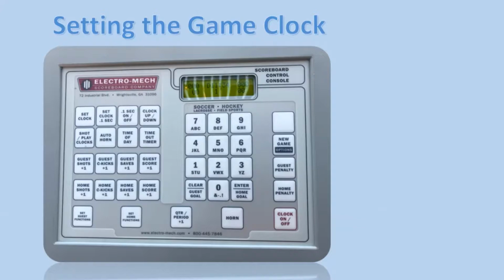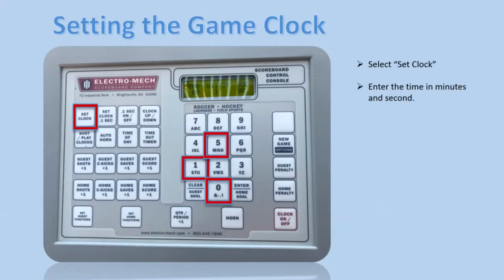Our 15U division has 8-minute periods. So obviously the 20-minute time doesn't apply, so we have to change the clock. You can do this by pressing the set clock button and entering the time in minutes and seconds. In this example, 15 minutes is 1500. Then you'll press enter. Now, 15 minutes will be displayed here on your console and up on the scoreboard for everybody to see.